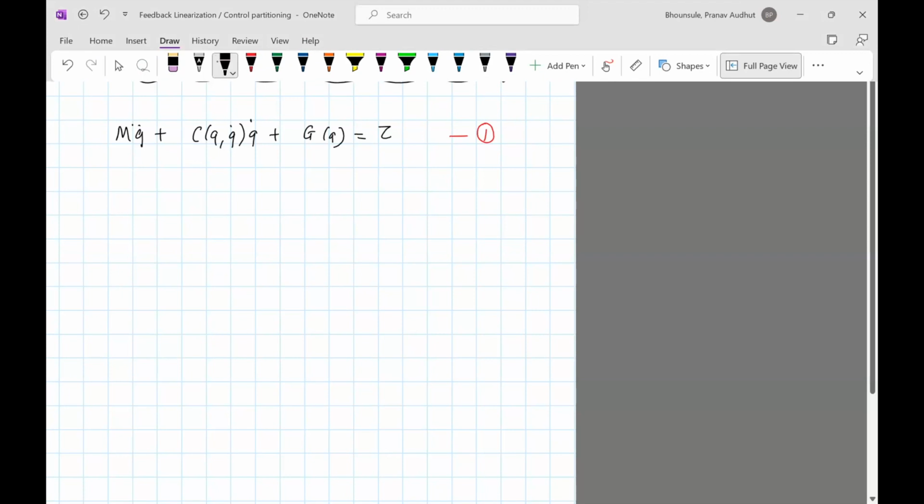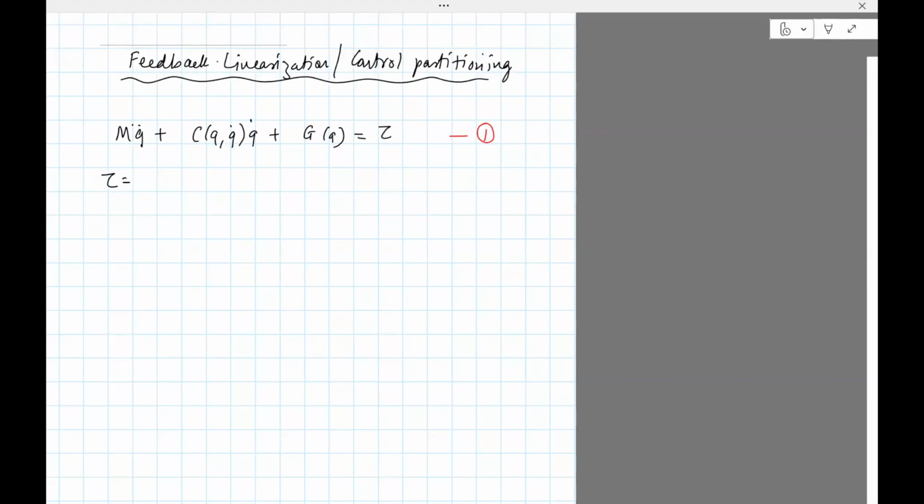Now this is the feedback linearization part: we choose tau to be in this form: M hat times minus Kp q minus Kd q dot, plus C hat(q, q dot) q dot plus G hat(q).